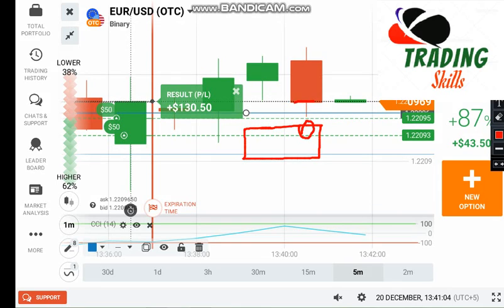Now you can see there is a gap, so if you are here, then there is no need to take your trade. If the candle closes here like this, then you can take the trade. If the candle closes like this, then you can take trades. If the candle closes like this, you can easily take your trades. So with a gap, try to avoid trading. Why?